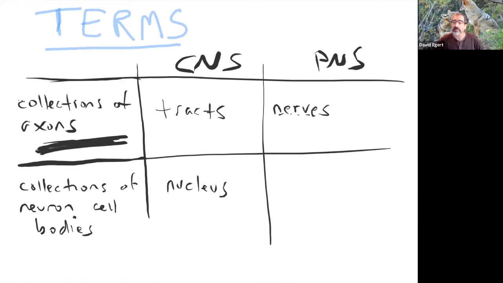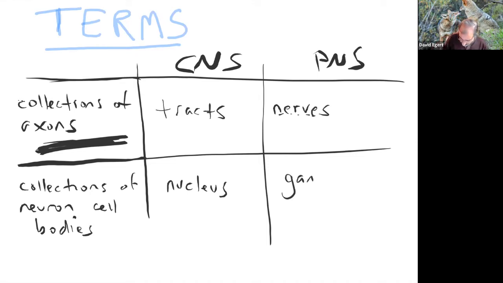We're going to be talking about the lentiform nucleus and the caudate nucleus and the amygdaloid nucleus. So it's like bits of gray matter located in the brain. In the PNS, there are also clusters of neuron cell bodies, and they call them ganglia.